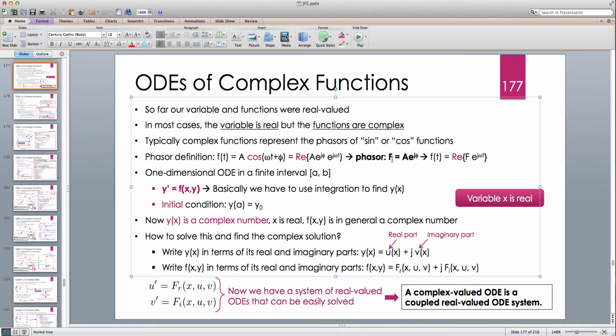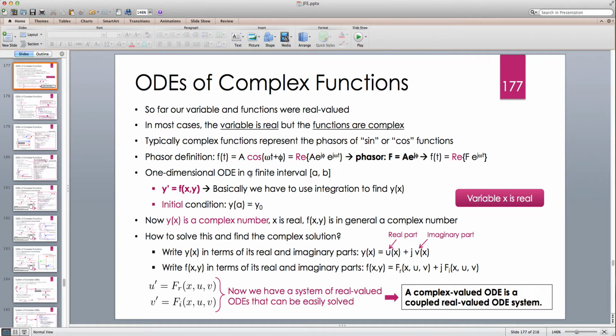If this is the phasor, you see there is no time dependence in the phasor. So f of t, the real valued time dependent function, is the real part of the phasor, the static phasor, which doesn't have any time dependence, times e to the j omega t, which represents the oscillation. That's the definition of phasor.